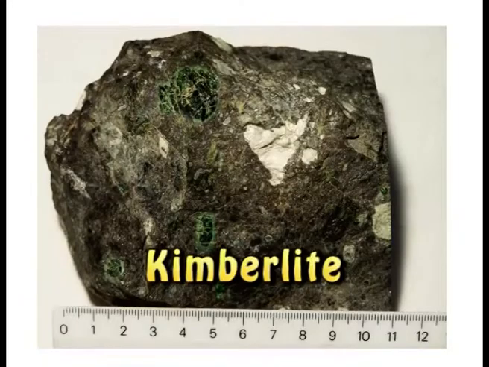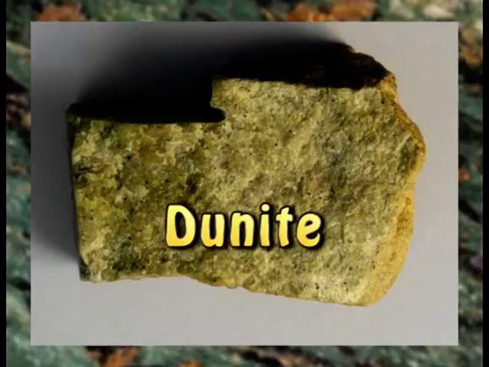In some localities, they appear to have been tectonically squeezed into the country rocks. Apart from these, the eclogites also occur as inclusions in kimberlite and basalt or as layers in ultramafic rocks like dunite and peridotite. Eclogites thus occur in a wide range of environments.